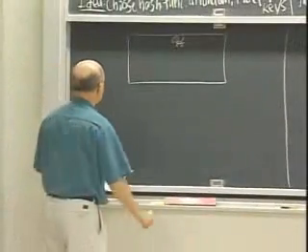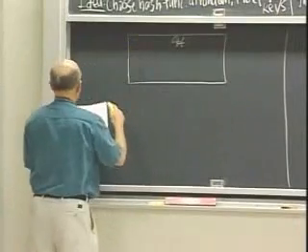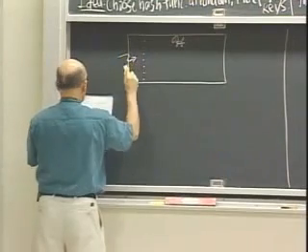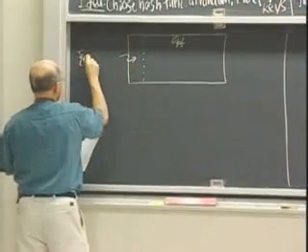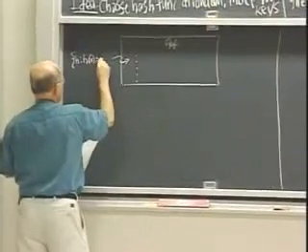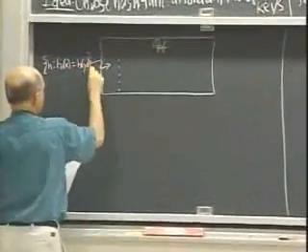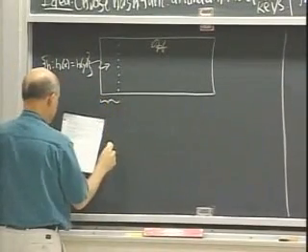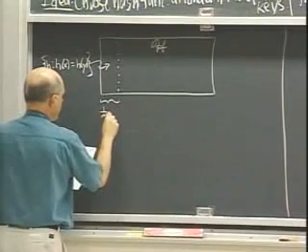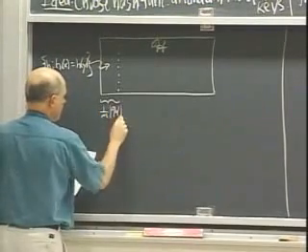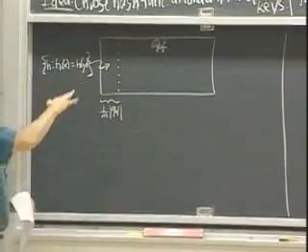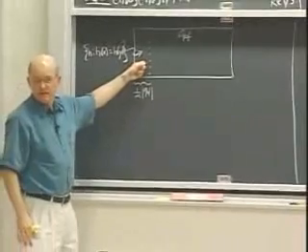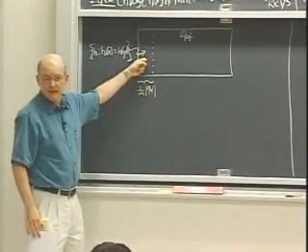If I pick a particular X and Y, let's say this is the set of hash functions such that H of X is equal to H of Y. What we're saying is that the cardinality of that set is 1 over M times the cardinality of H. So if I throw a dart and pick one hash function at random, the odds are 1 in M that the hash function falls into this particular set.